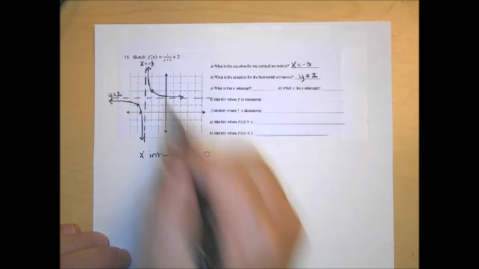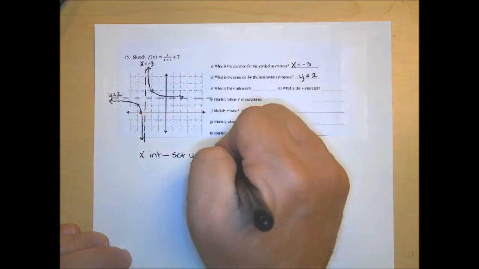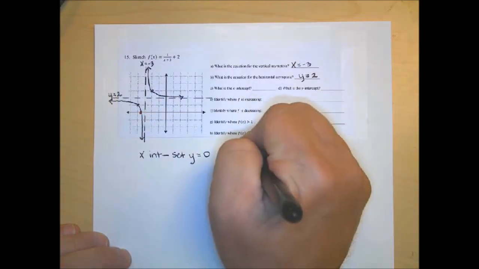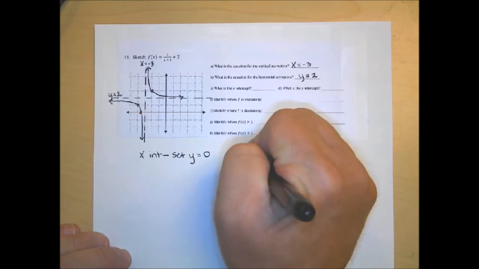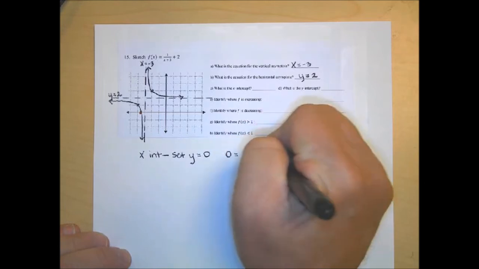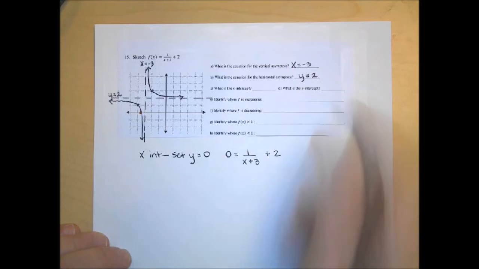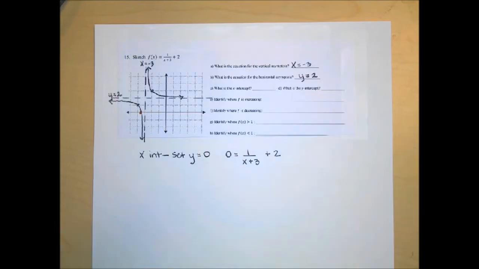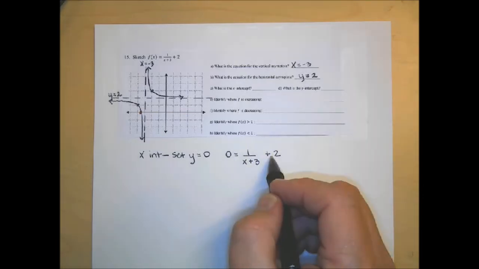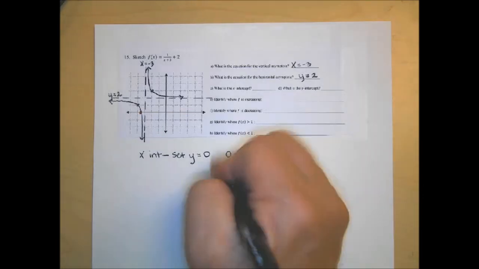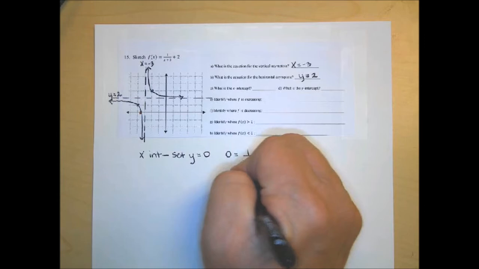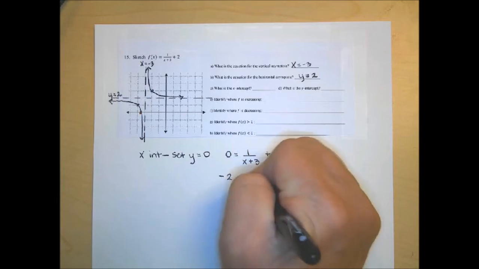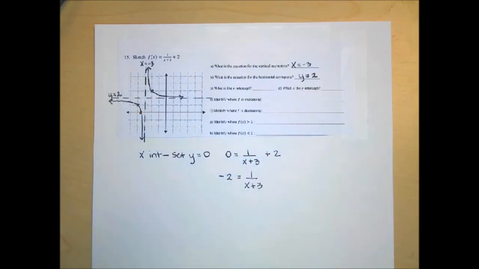So, I'm going to set the function equal to 0. 0 equals 1 over x plus 3, plus 2. And now I just need to solve this. The easiest thing to do would be move the 2 over to the other side. Negative 2 equals 1 over x plus 3.